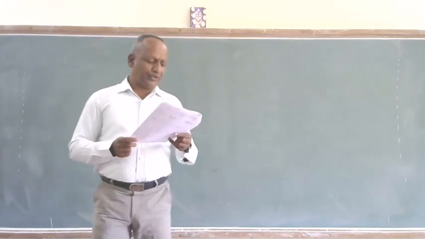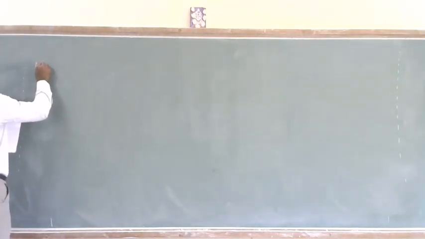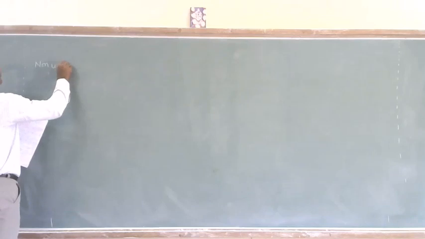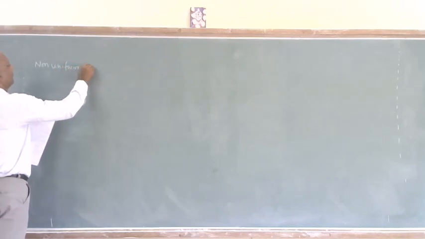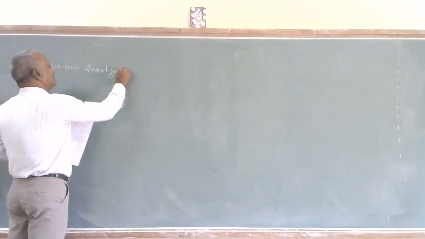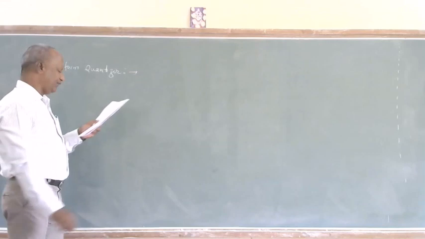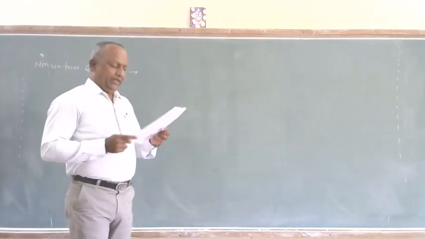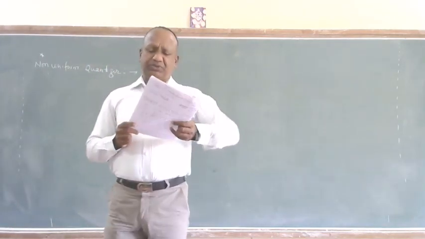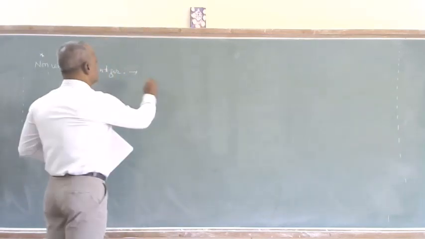Okay, the non-uniform quantizer. Please concentrate and try to understand, because it is the practically preferred quantizer compared to the uniform one. In certain applications, it is preferable to use a variable delta. That's what non-uniform means.